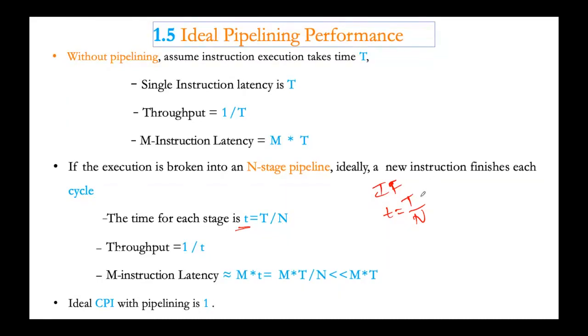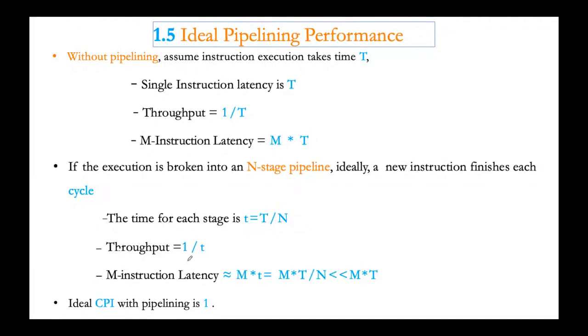Suppose the addition operation takes 4 cycles, and the total number of stages is 5. If it is memory, then it requires 5. So the time for each stage is calculated as t divided by n, the instruction latency time divided by the number of stages.